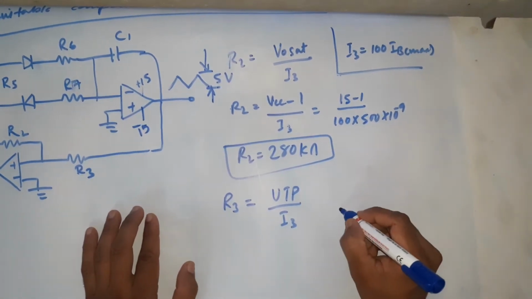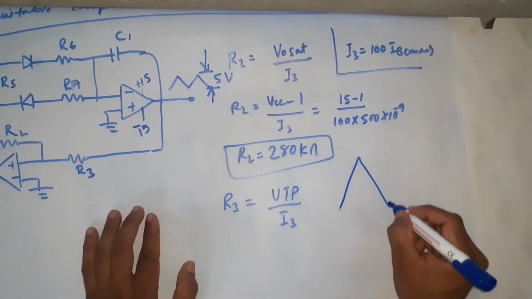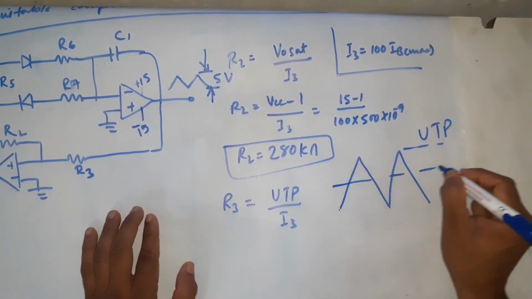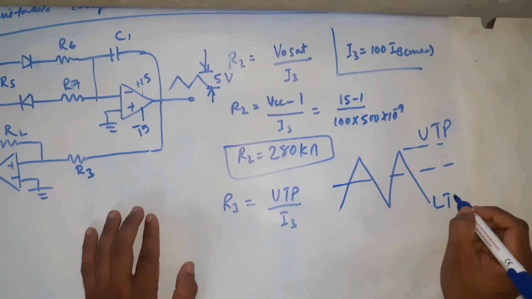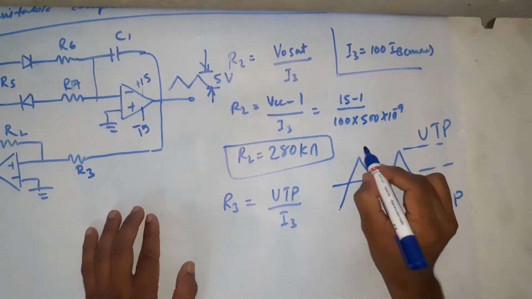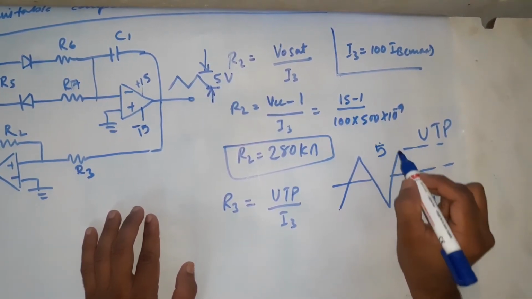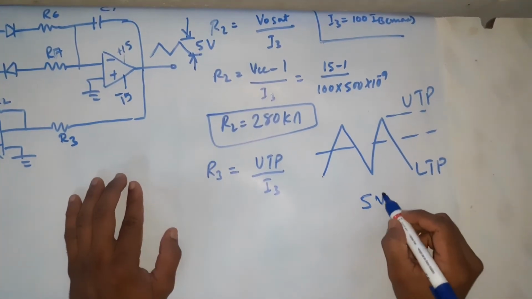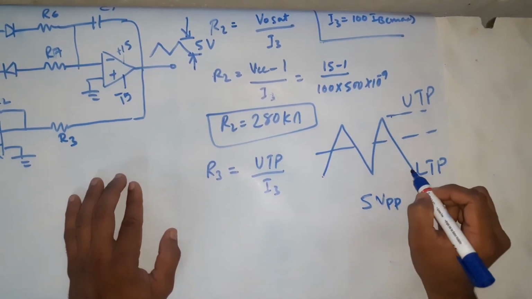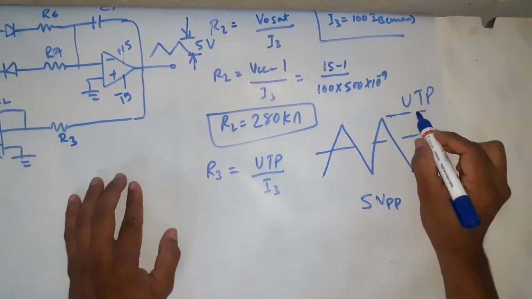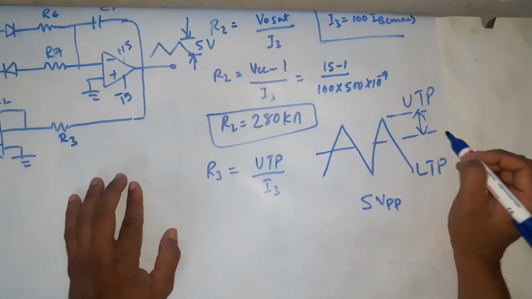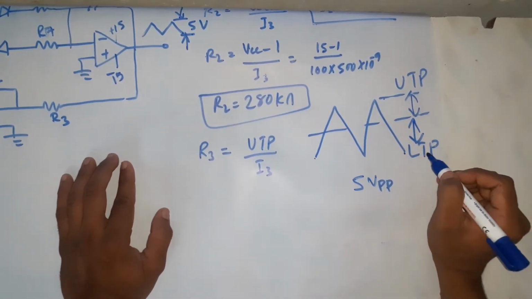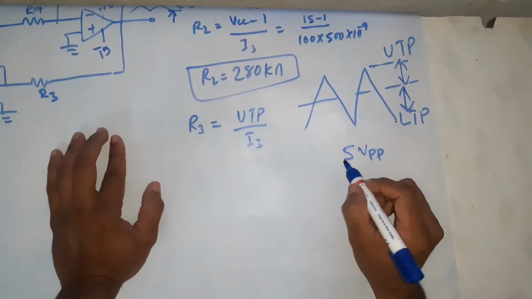I will elaborate here. This is UTP. This is your middle 0 line and this is your LTP. In your question it is given 5 volts peak to peak. Means from this peak to this peak it is 5. Means what is UTP? UTP is only this much. And LTP is only this much.